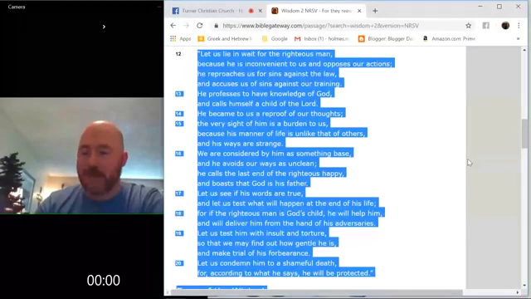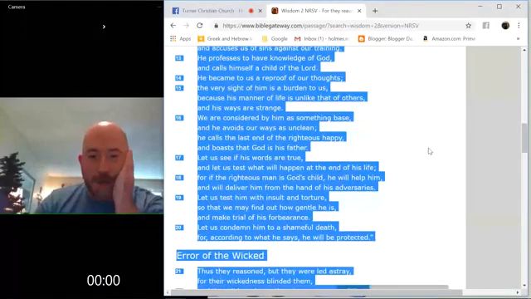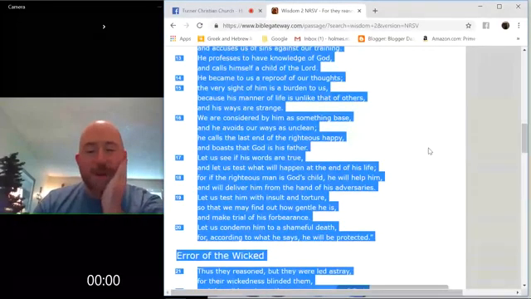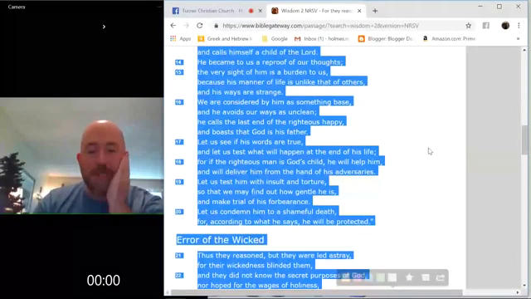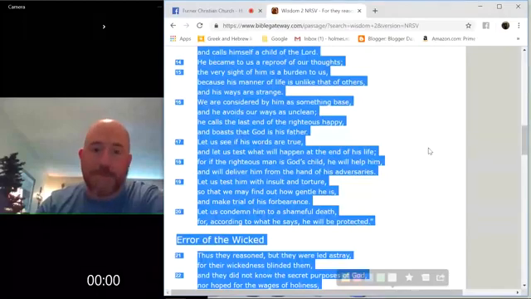He opposes them for their sins and claims to have knowledge of God, claims to be a child of the Lord. And so they oppose him, and they decide to test him by condemning him to a shameful death, because if he really is the Son of God, then God will protect him, right? Does that sound familiar?